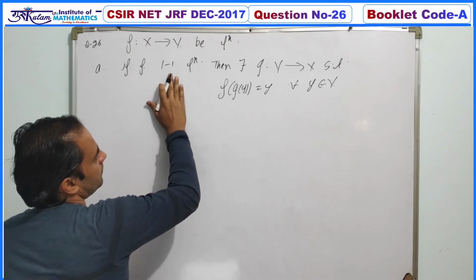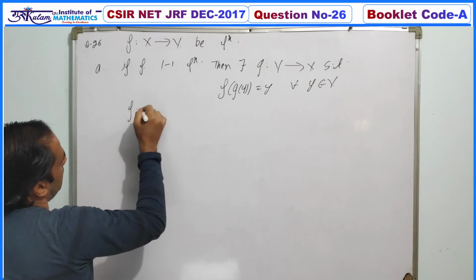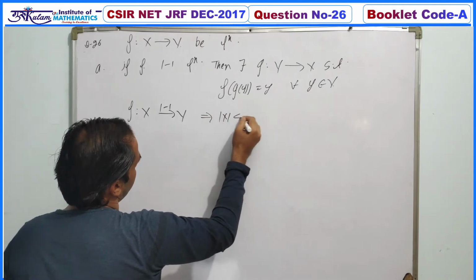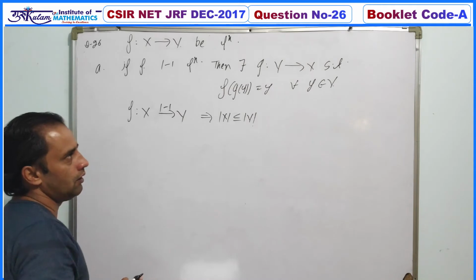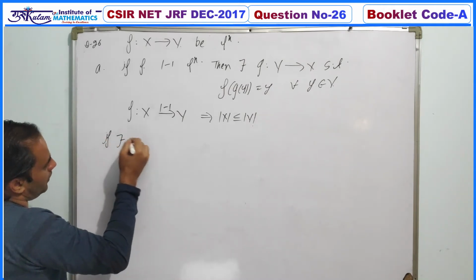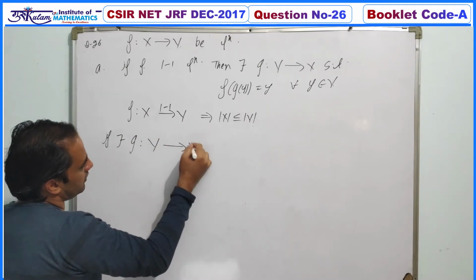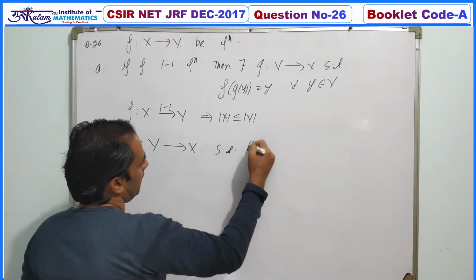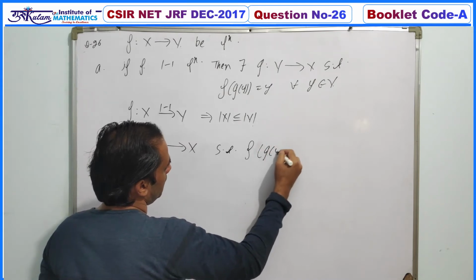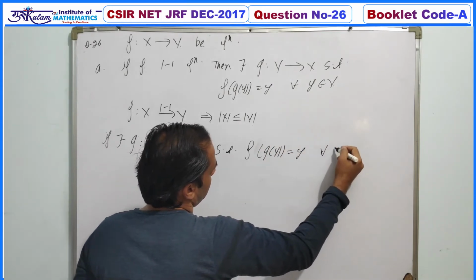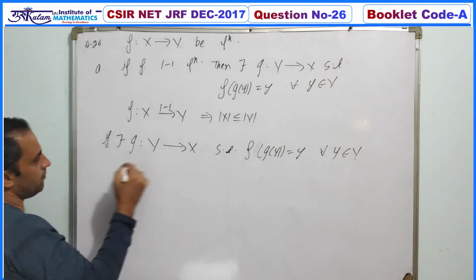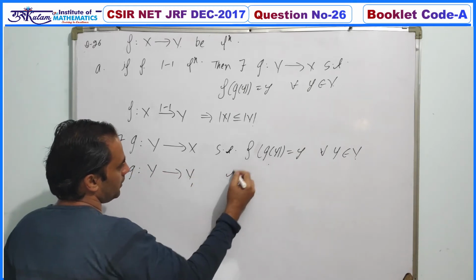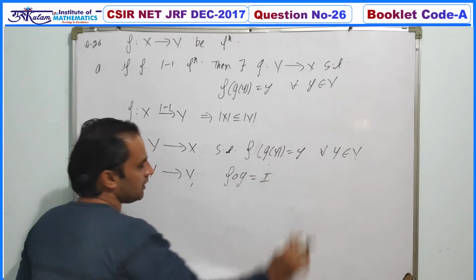Since f is a one-one function defined from X to Y, this implies the number of elements in X must be less than or equal to the number of elements in Y. Now assume that there exists g from Y to X such that f of g of y is equal to y for all y belongs to Y. This implies the function f∘g, which is defined from Y to Y, with this property must be an identity function.